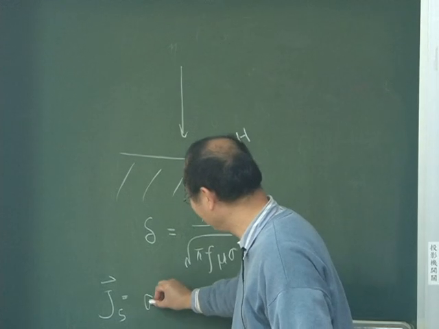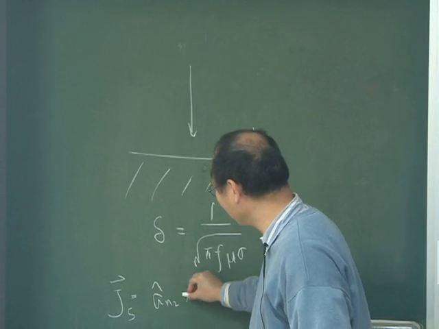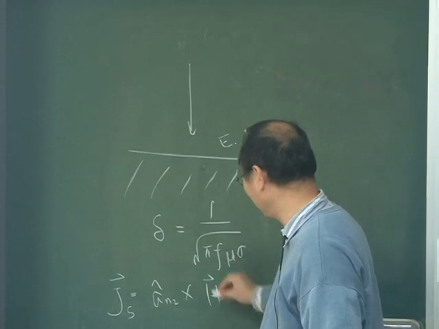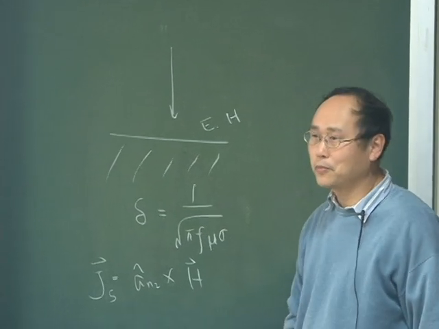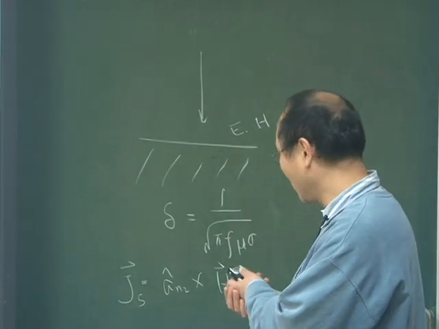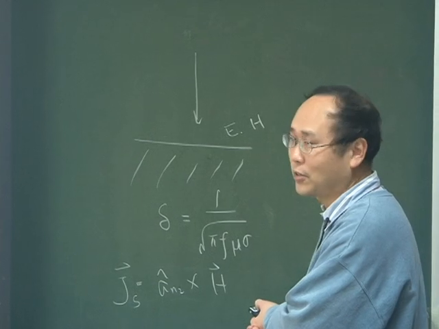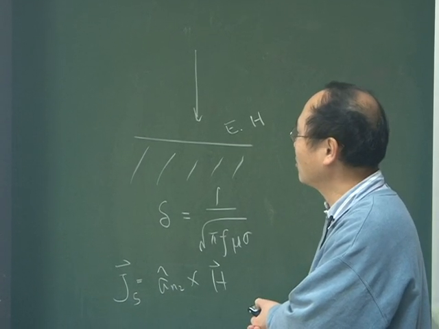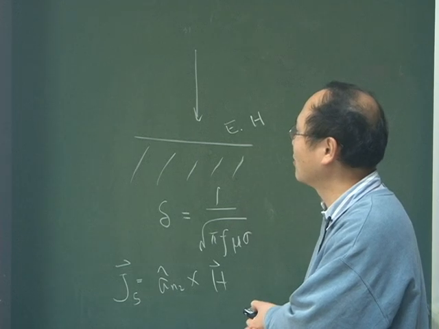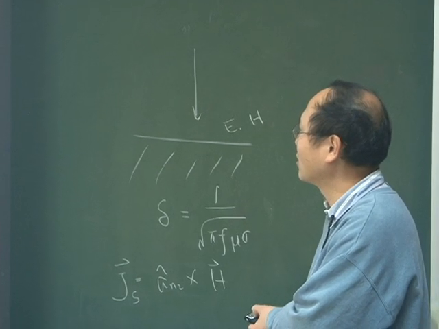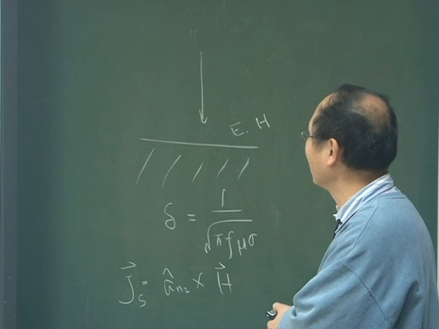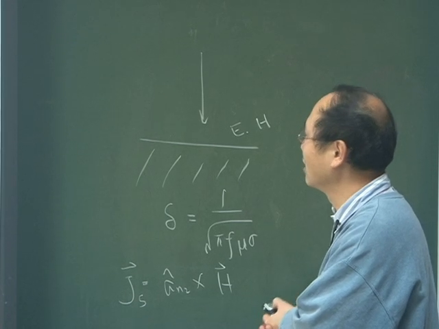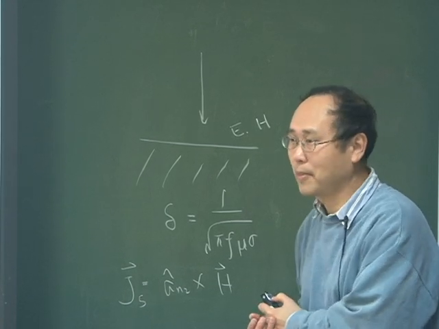That is equal to n cross H, if you still remember. So you have this kind of surface current on the surface of this conductor, equal to the magnitude of this H field. Suppose H is along y direction, this is along z direction, and this is along x direction.